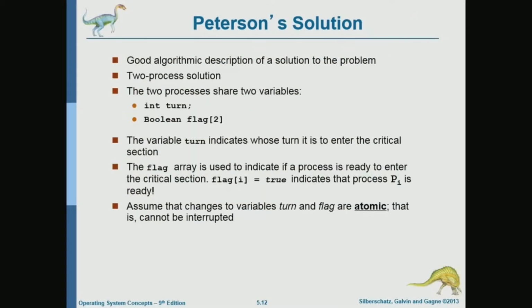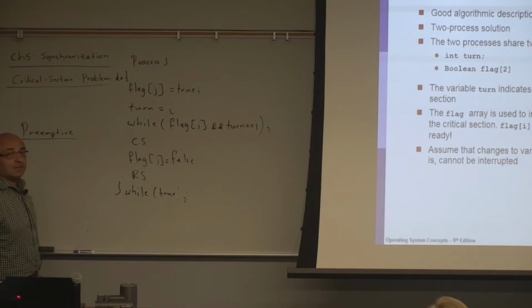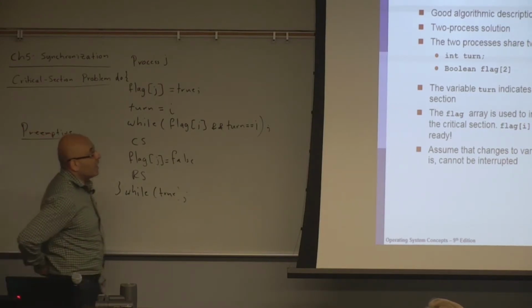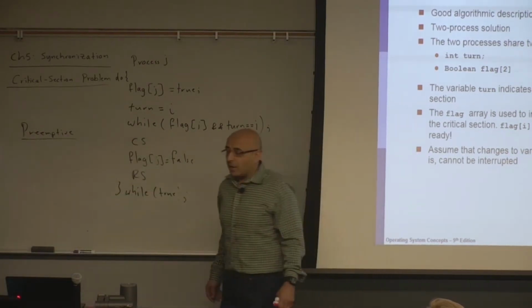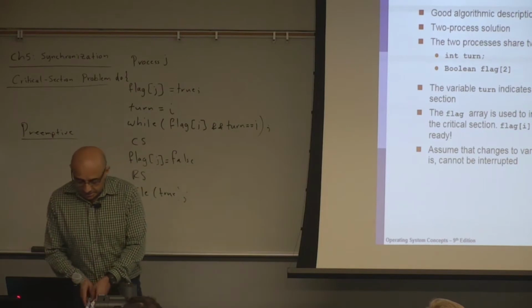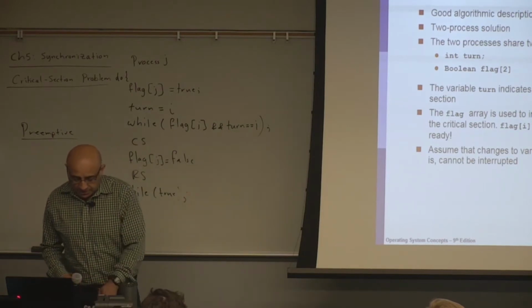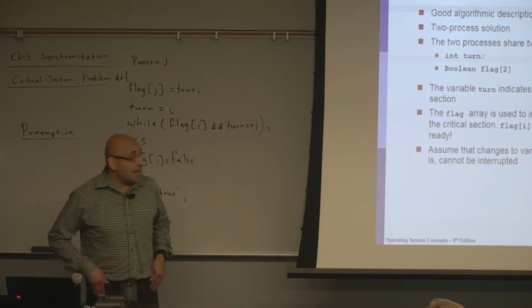Now we will study the first solution to the critical section problem, which is Peterson's solution. Peterson's solution is not a solution that you can implement. In fact, it's a theoretical solution, or an algorithmic description of a solution. We'll see in a minute why it cannot be implemented. But what's the value of it if it's not a practical solution?